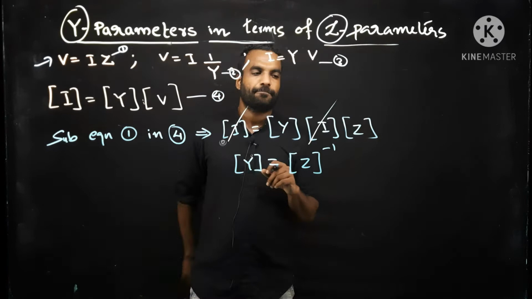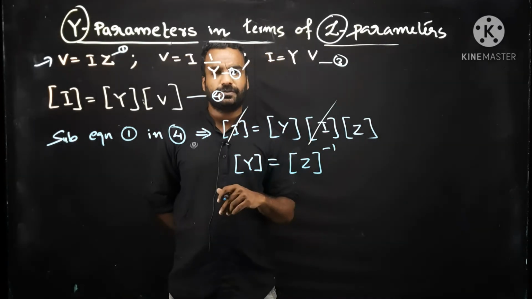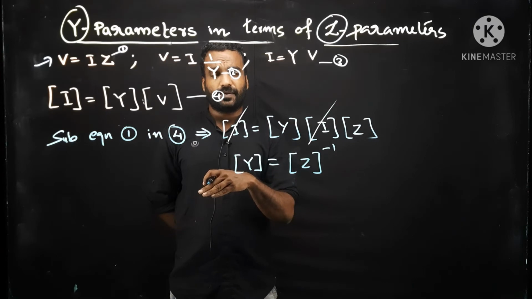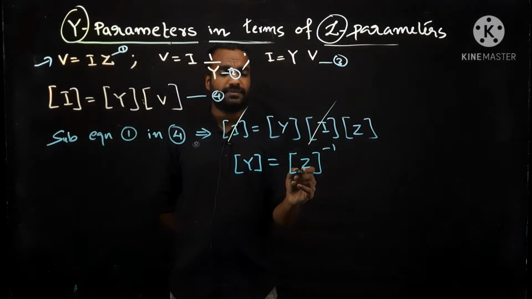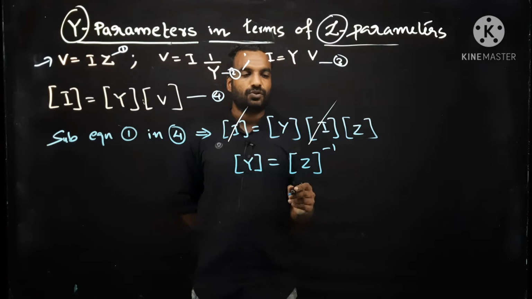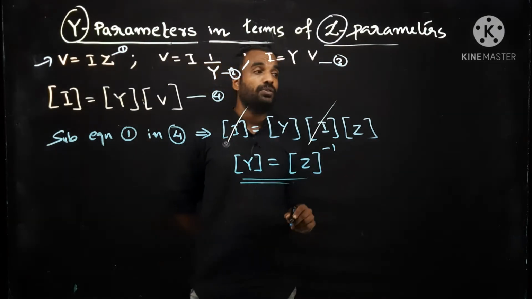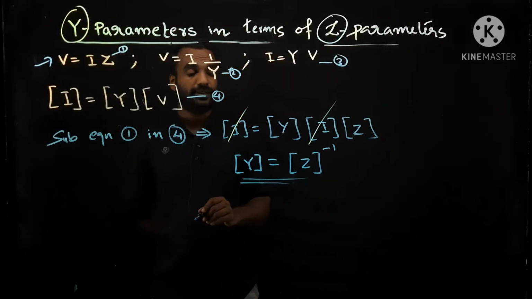Is it okay? Y is equal to Z inverse. Taking a matrix to the other side, or taking the reciprocal of a matrix, is nothing but inverse. So Y is equal to Z inverse. This is the important thing. Now this is my question, how we can find Z inverse.